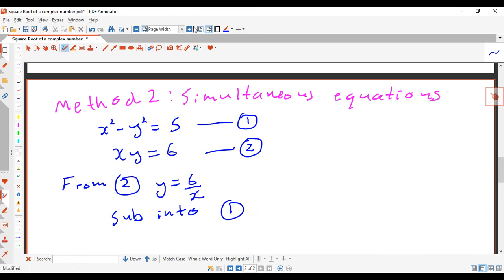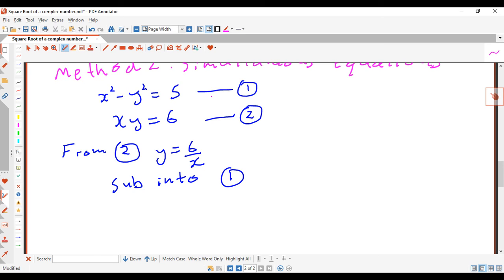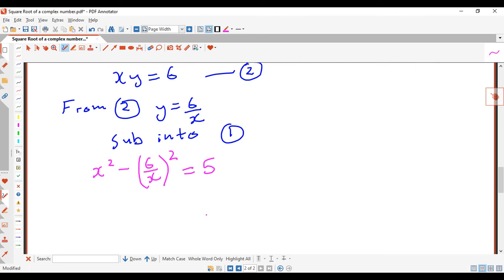Okay, so what does that give us? That'll give us x squared minus (6 on x) all squared equal to 5. That's going to give me x squared minus 36 on x squared is equal to 5.